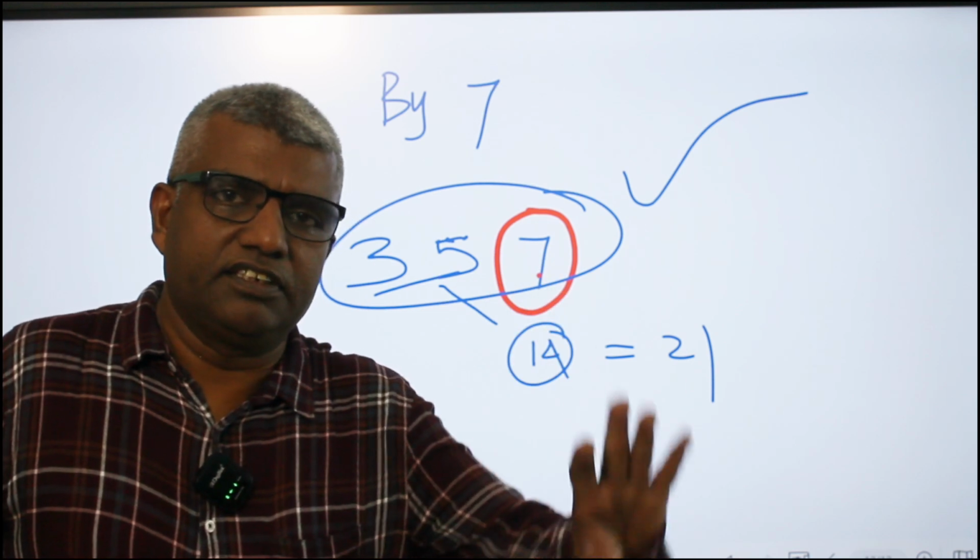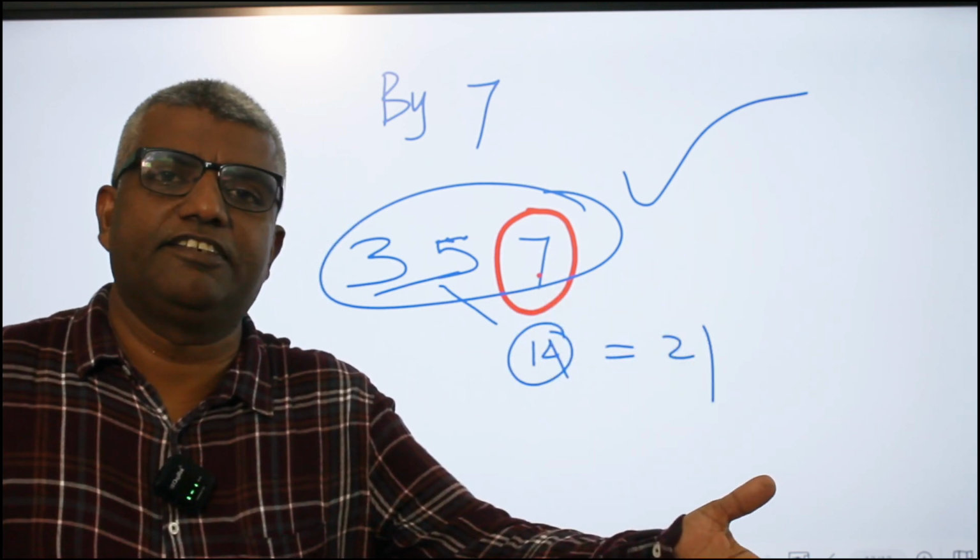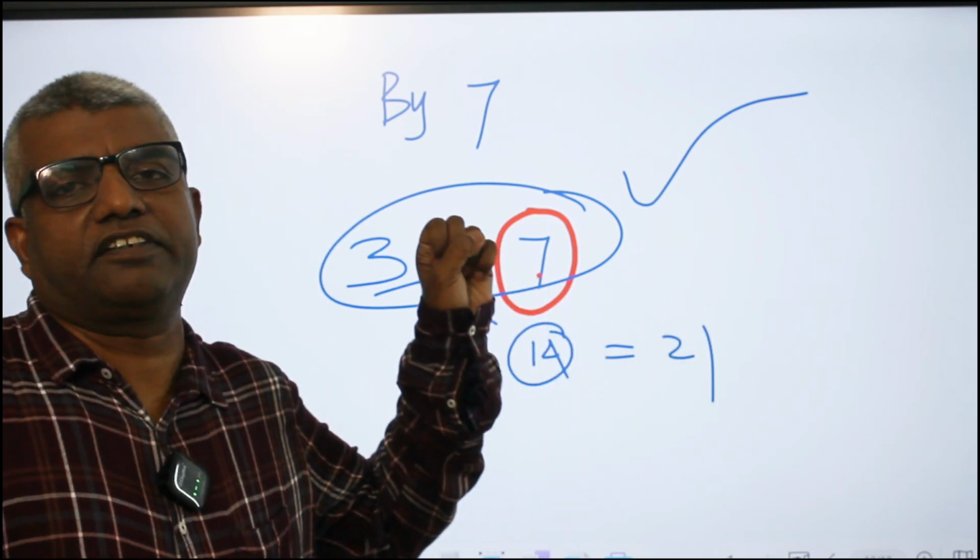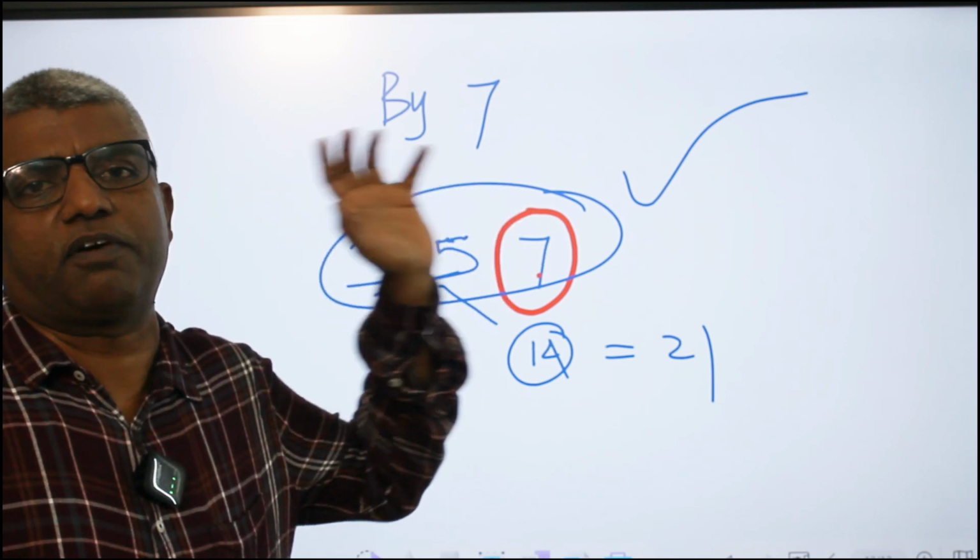See the last digit, multiply the last digit by 2, then subtract that from the remaining number.